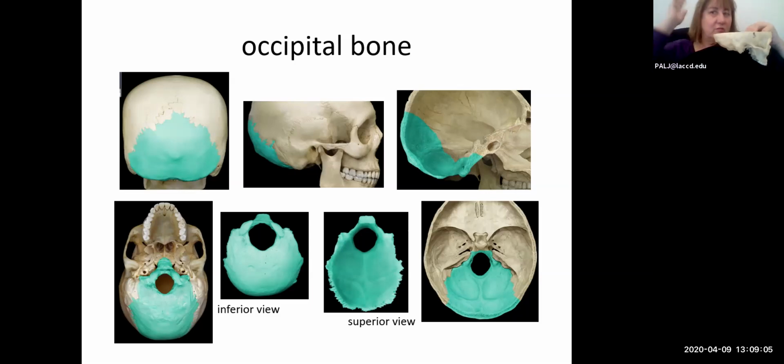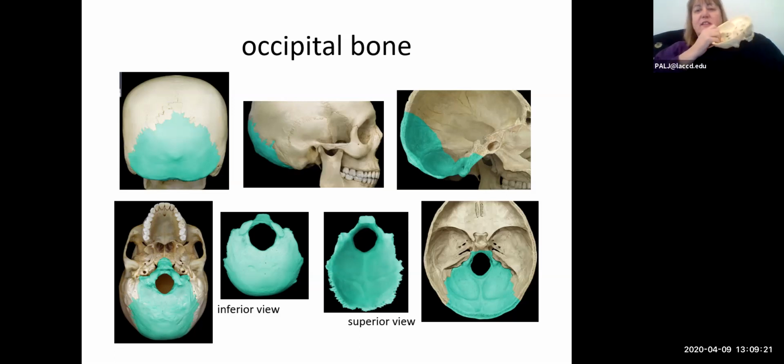Now let's go just inferior and posterior to the parietal bone, to the back of the head back here. And this is the occipital bone. As you can see in the top left picture, there's one occipital bone and two parietal bones. And remember, there was only one frontal bone.